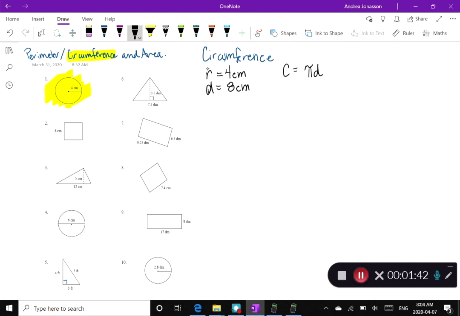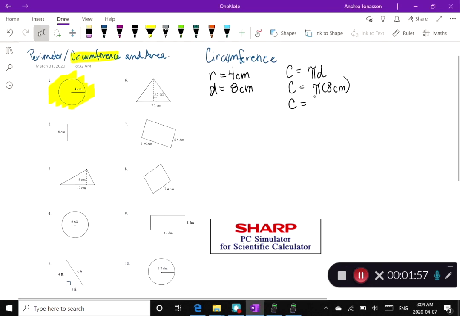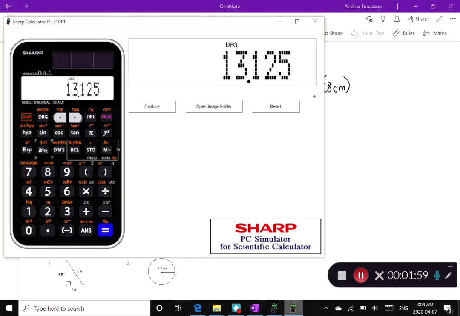So the circumference of this circle is going to be equal to pi times 8 centimeters. You could type 3.14, but you might as well use the pi button because you have one.